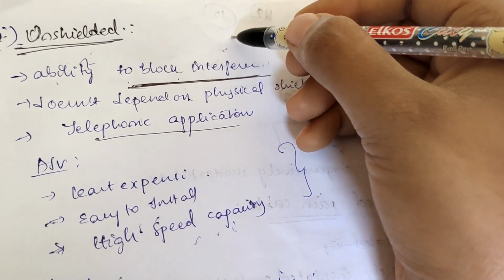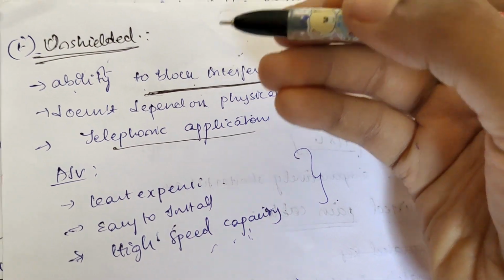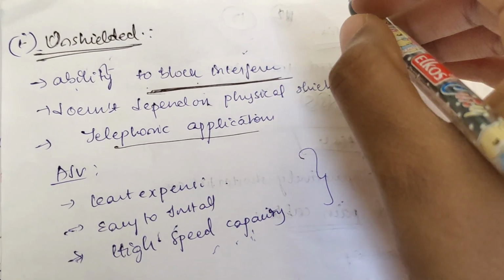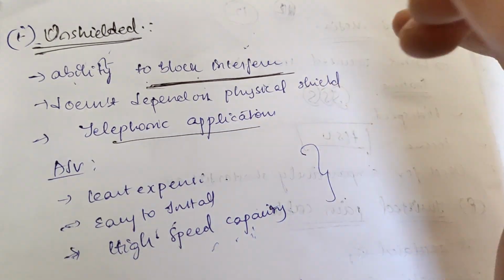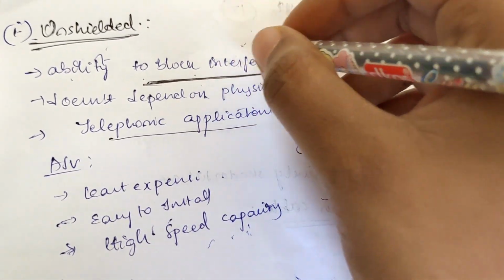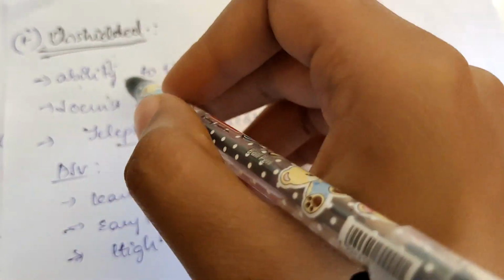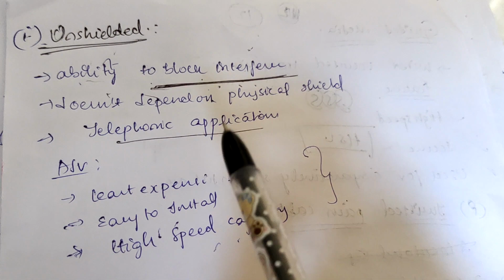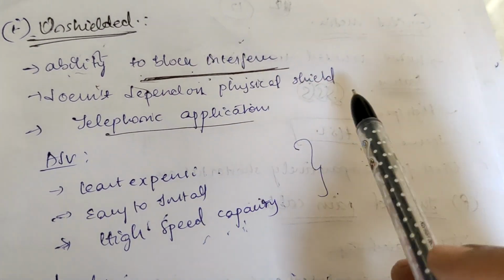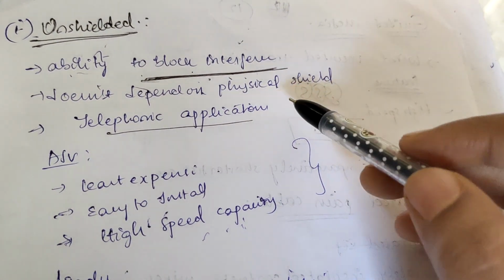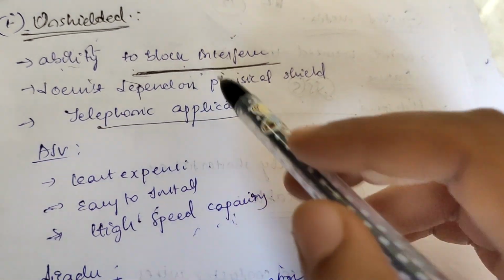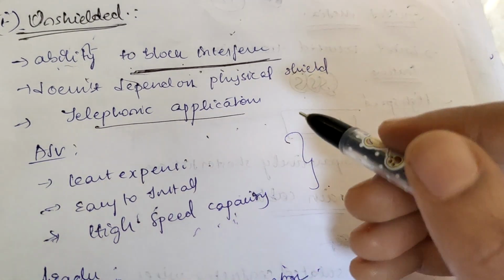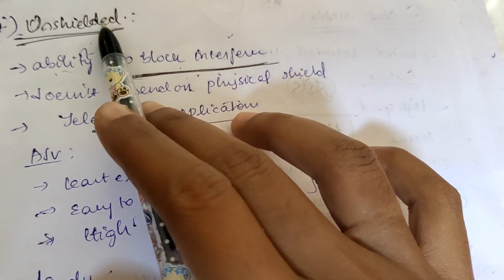The disturbance caused while we are transmitting data or information from the transmitter to the receiver. That disturbance is called interference. To block that interference we use the unshielded type, which doesn't depend on any outer physical shields. It is mainly used in telephonic applications, like when we communicate through telephones, all done with unshielded twisted pair only.